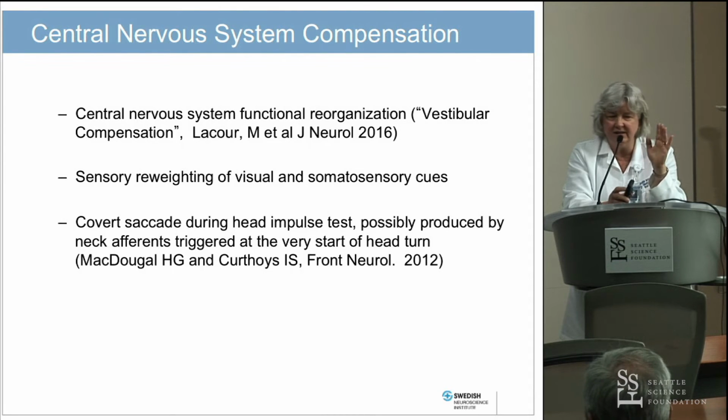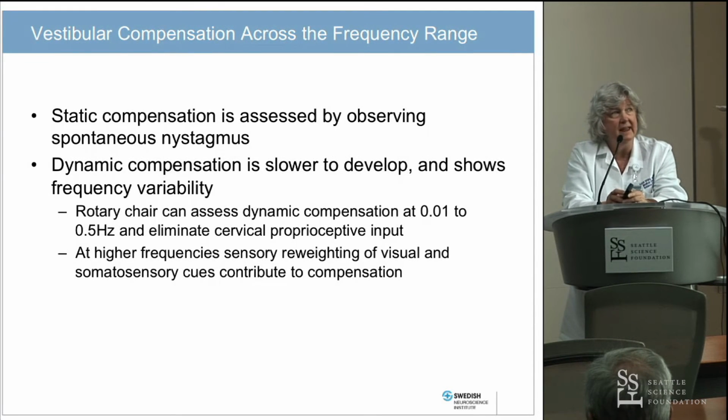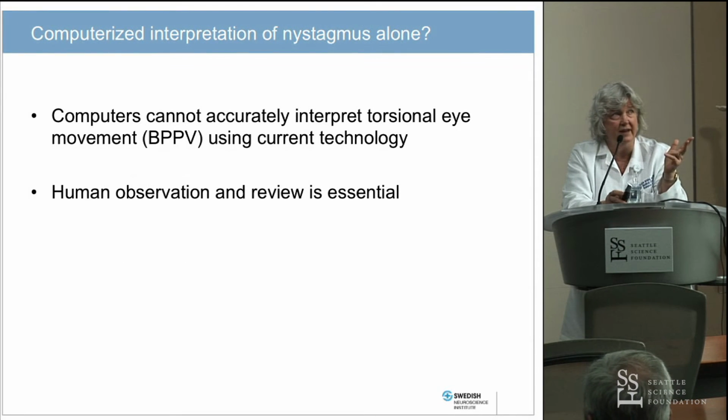So the brain is searching for what it can use to stabilize vision from lots of different sources. That head thrust testing is way too fast for the vestibular nuclei to do, so they think it might be coming from a different place. So there's static compensation, there's dynamic compensation, and our rotary chair helps with all that.